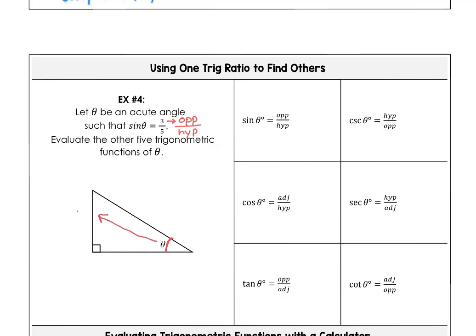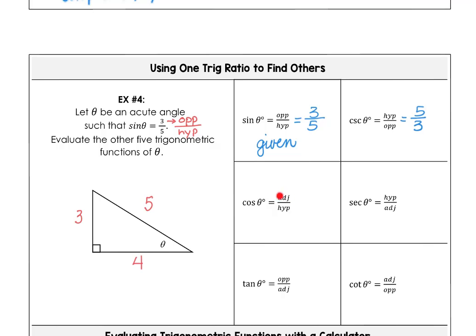So opposite is 3 and hypotenuse is 5, and if we use the Pythagorean theorem, we'll find that this is a 3, 4, 5 triangle. So now we can say the sine of theta is 3/5. That was given to us. This was the given. So if we start out with this given information, cosecant is 5/3.